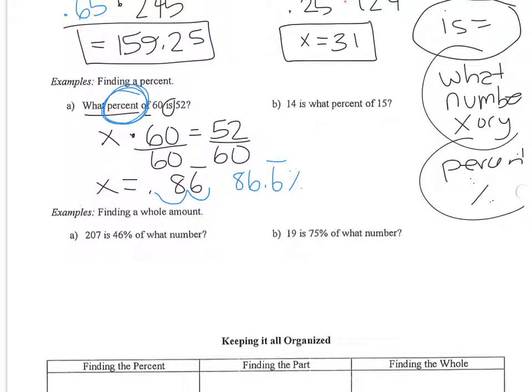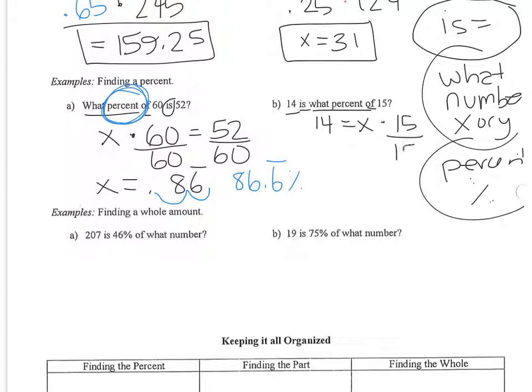Okay, another question. 14 is equals what percent x of times 15. So again, they're asking for what percent, so I have to move the decimal over just like I did in this one at the end.